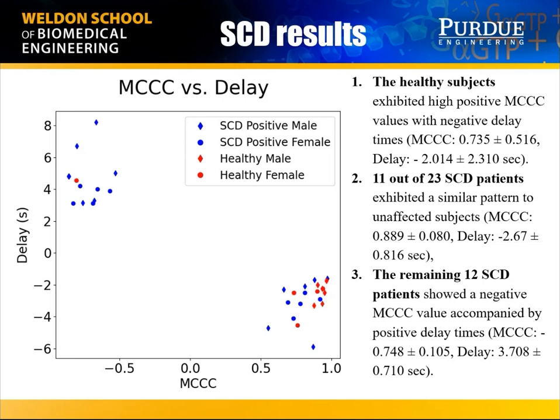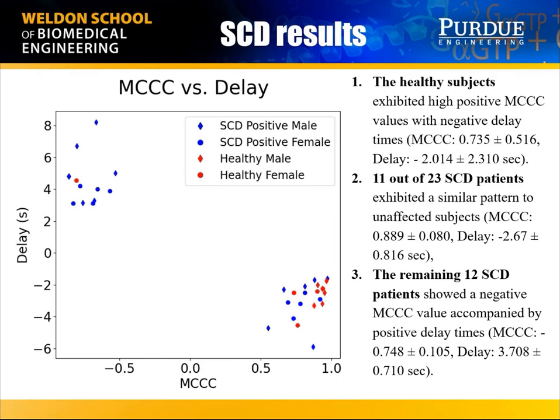And the interesting thing is that about 11 out of 23 sickle cell patients behave exactly like the healthy subjects, like you can see the blue dots on the lower right. However, the shocking thing is that the 12 remaining sickle cell patients behave totally differently.